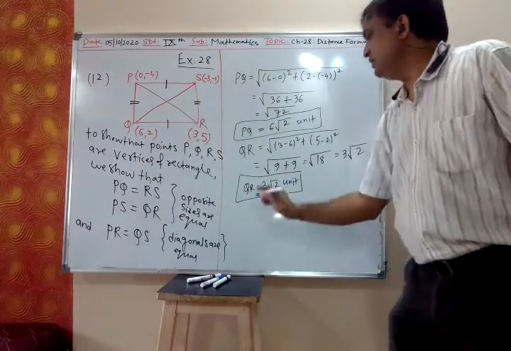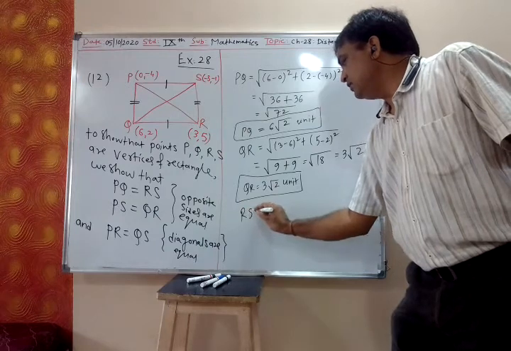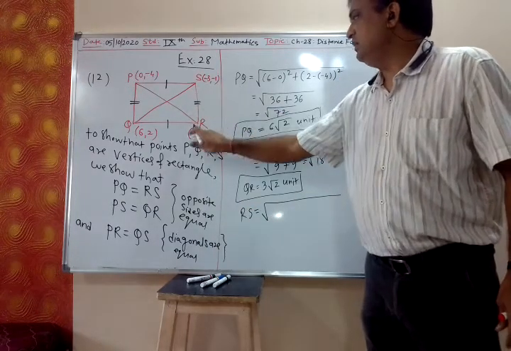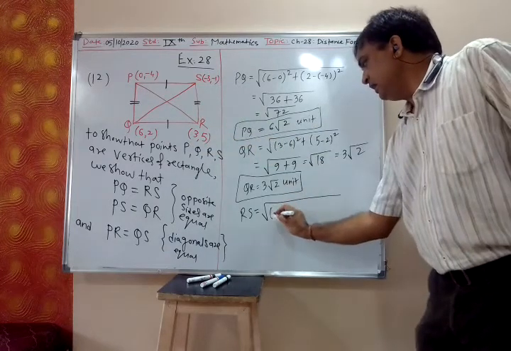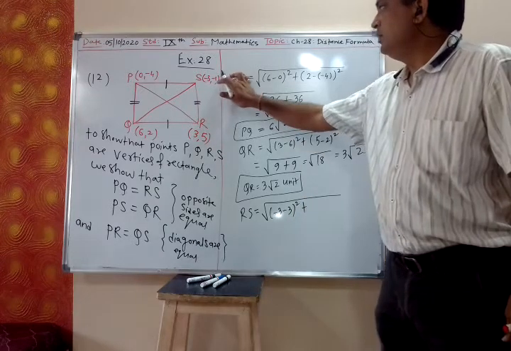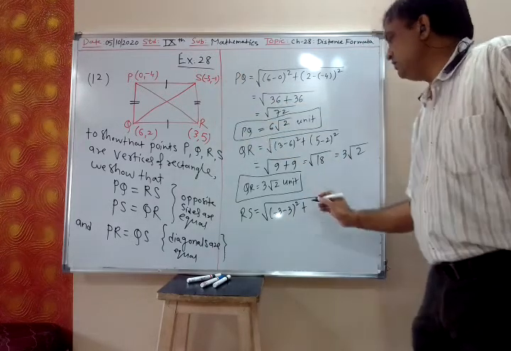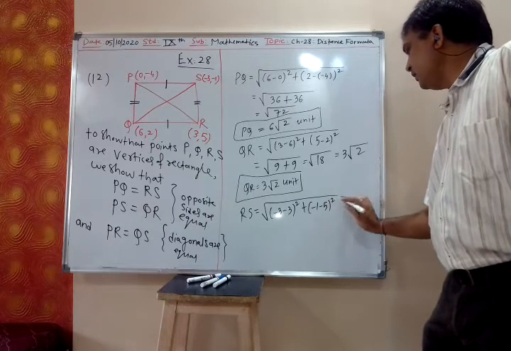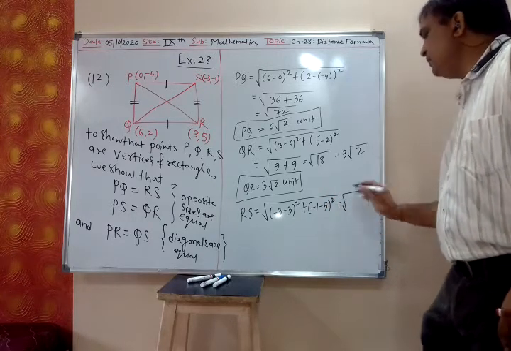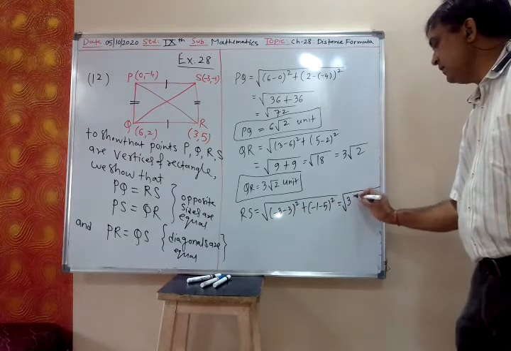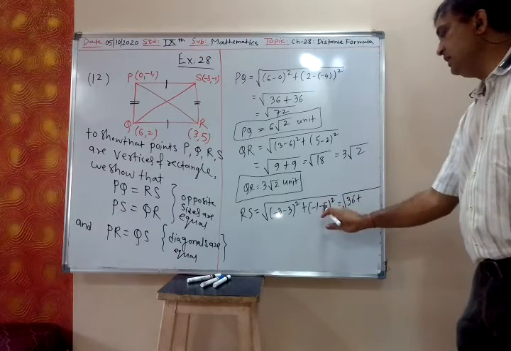Now we find RS by using the distance formula. That is minus 3 minus 3 square, x2 minus x1 square, plus y2 minus y1 square, minus 1 minus 5 square. So that will be square root of minus 6 square, which is 36, plus minus 1 minus 5, which is minus 6 square.